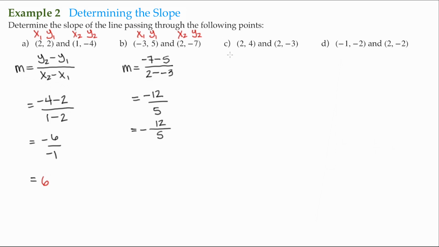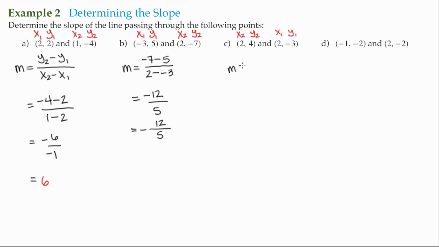We'll do the same for C. How about if we label this one x sub 2, y sub 2, and this one x sub 1, y sub 1? Because it doesn't matter which one you label with the subscripts of 2 and the subscripts of 1.